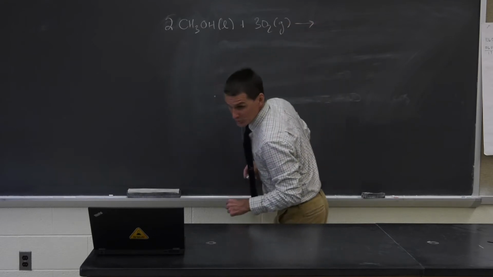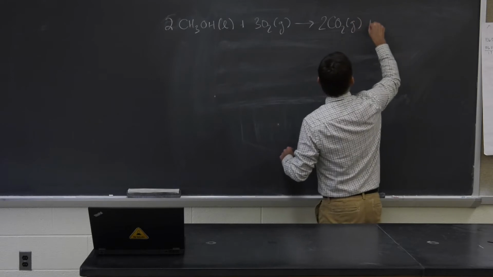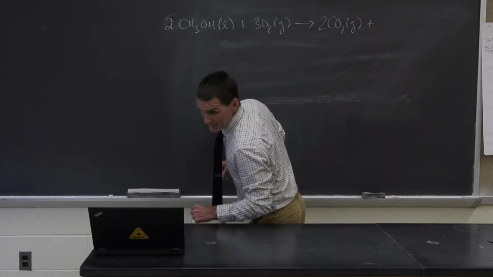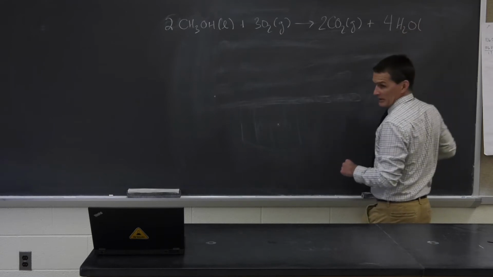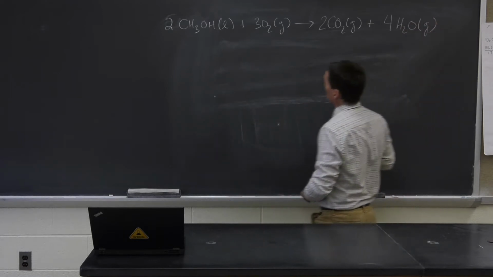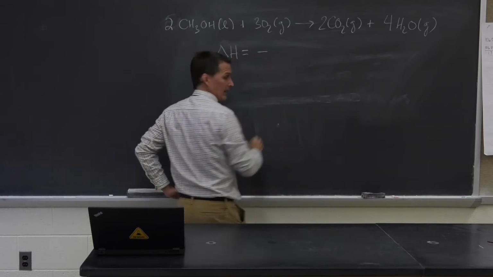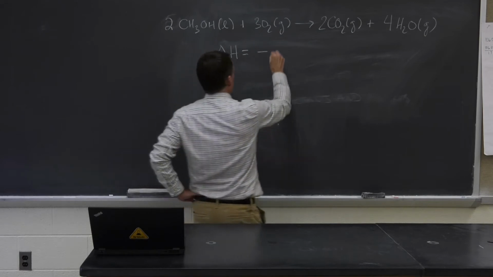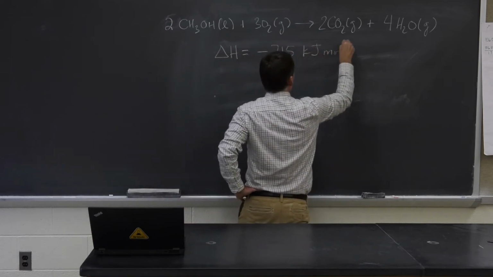That's going to go to 2 carbon dioxide and 4 waters, gas phase. There's an enthalpy change associated with this. Delta H is negative 715 kilojoules for every mole.